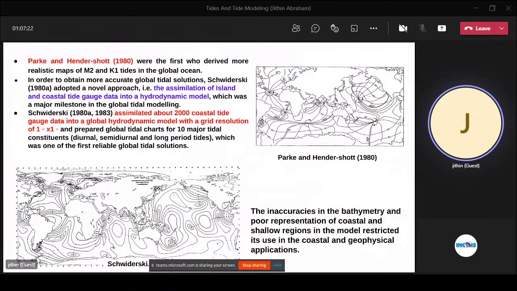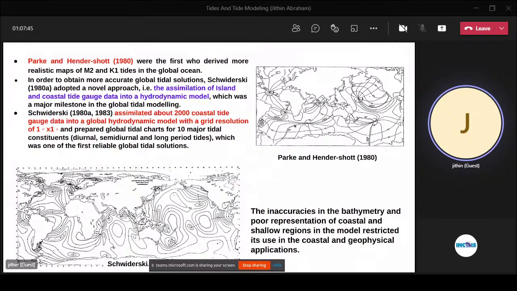Using these numerical models, Parke and Hendershott were the first to derive more realistic maps of the M2 and K1 tides in the global oceans, in 1980. This is the tidal amplitude map developed by Parke and Hendershott in 1980.